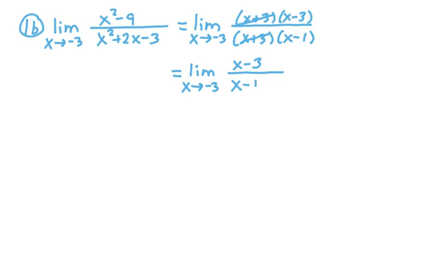In the denominator, x minus 1. So by direct substitution, we get negative 3 minus 3 divided by negative 3 minus 1. And so that's negative 6 divided by negative 4. And the correct answer for 1b is 3/2.